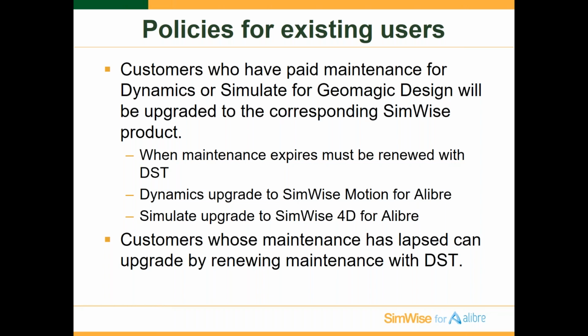If you're using Simulate and you're under current maintenance, you'll be upgraded to the SimWise 4D for Alibre product. And then going forward, you would be working with us or with our resellers and would renew maintenance with us. People who have used these products in the past but for whatever reason didn't renew their maintenance and their maintenance has lapsed can upgrade by renewing maintenance with us. So this is a pretty good deal. If your maintenance is lapsed, all you've got to do is pay new maintenance and you'll be upgraded to the latest products.